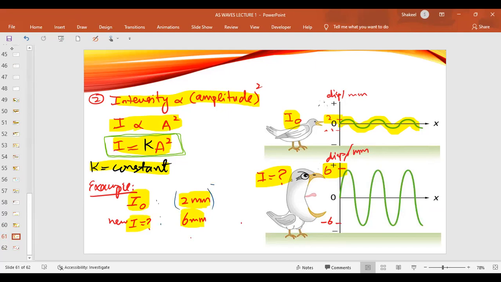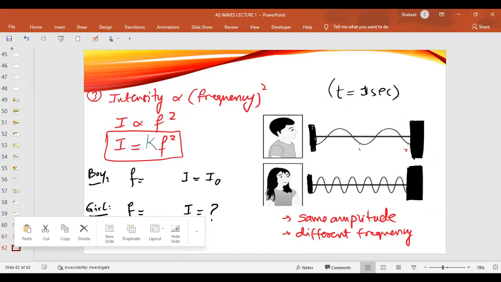One important thing, don't forget to take the square, because intensity is proportional to A square. And then you need to cross multiply. So I into 2 square is 4 and I naught into 6 square is 36. So 4 nines are 36. So we say that the new intensity is 9 times the intensity of the previous sound wave.